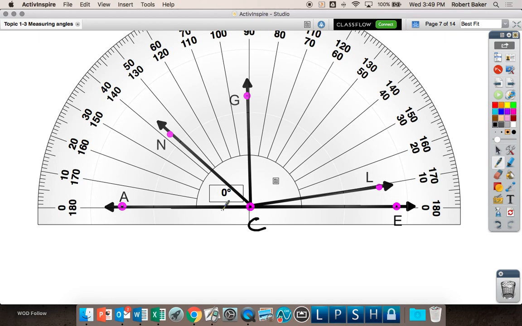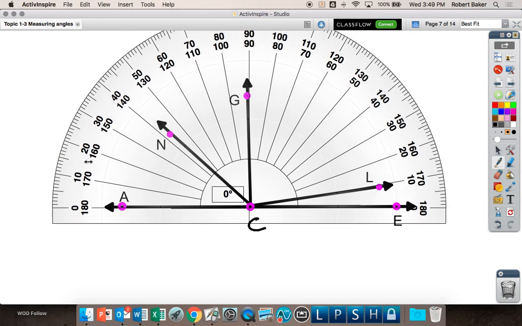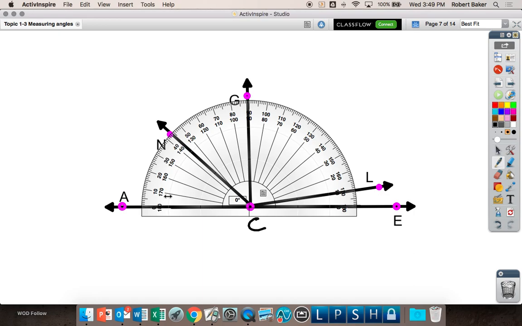If I ask you to measure angle ACN, you see how there might be some issues there? So you can make your protractor smaller. You can't do that, can you? So what is your only option now? Make the drawing big. So you have to make your lines longer. You can just use that flat edge and extend them out.